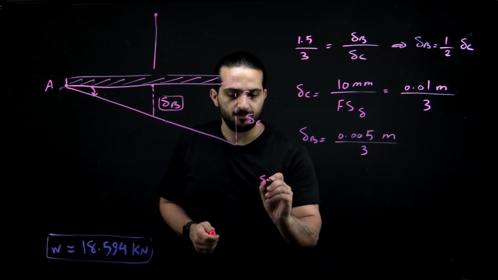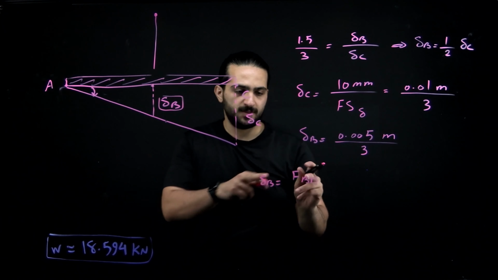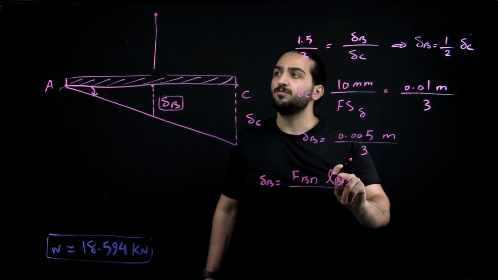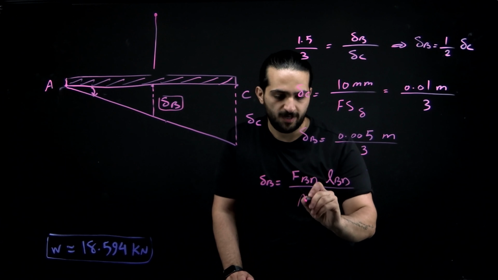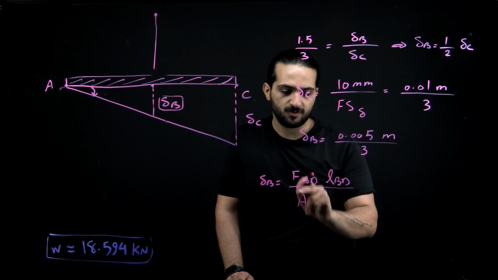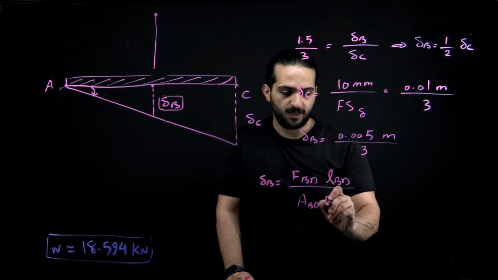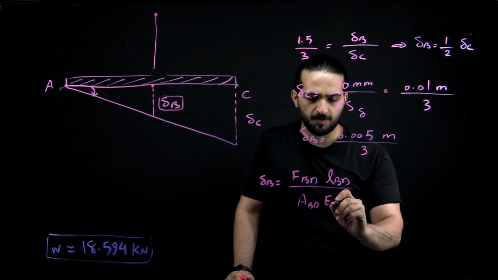So delta B is FBD, which is a tensile load in the cable, times LBD, which is 2.5 meters, divided by A, the cross-sectional area of the cable, and E, the modulus of elasticity, which was 200 gigapascal.